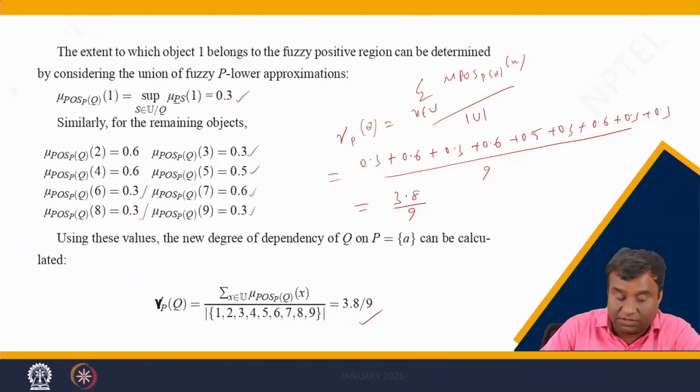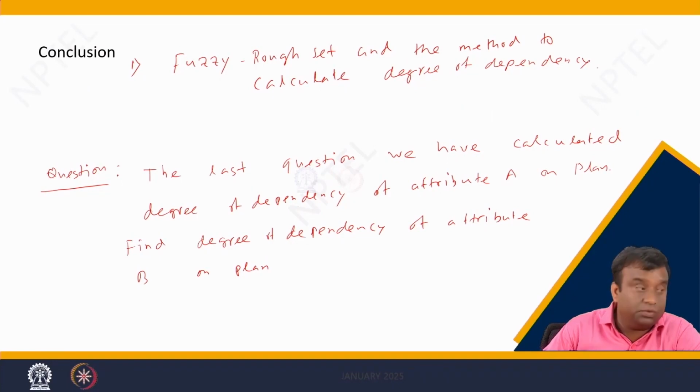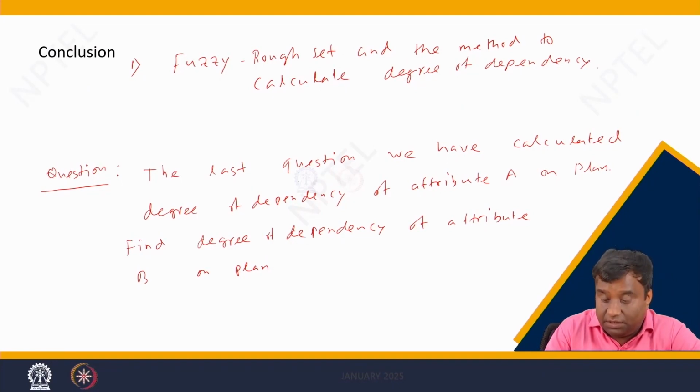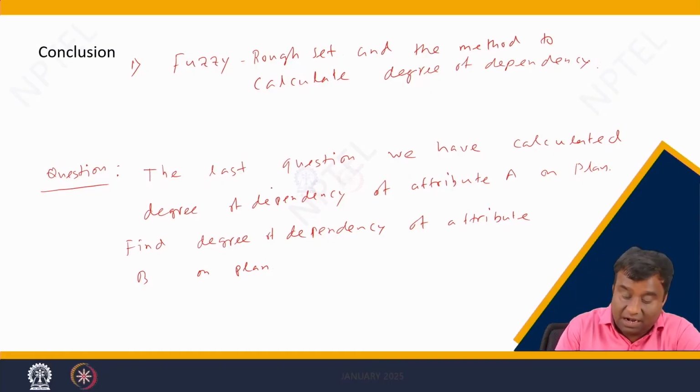So please check the calculations. In this class, we have understood the fuzzy rough set and the method to calculate the degree of dependency. In the last questions, we have calculated the degree of dependency of attribute A on the plan.